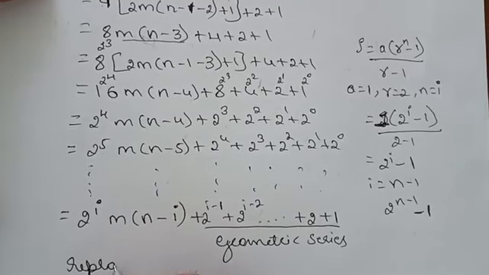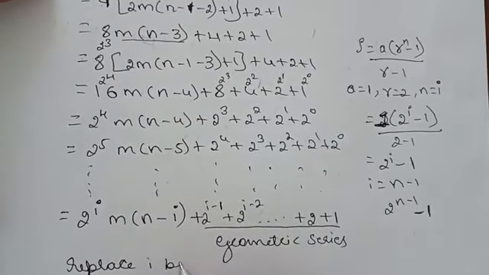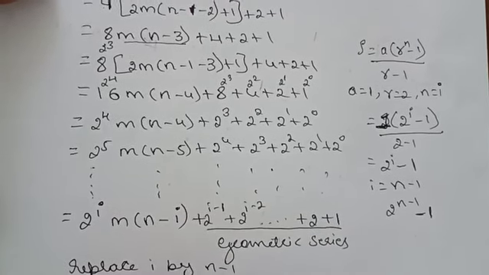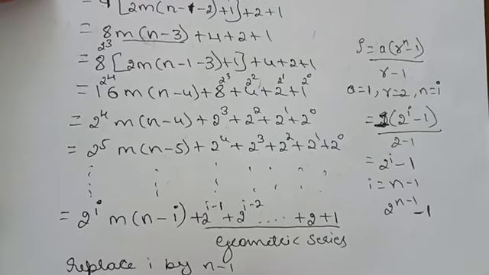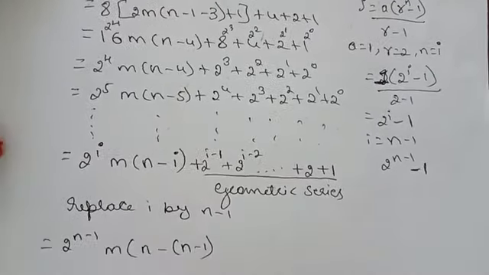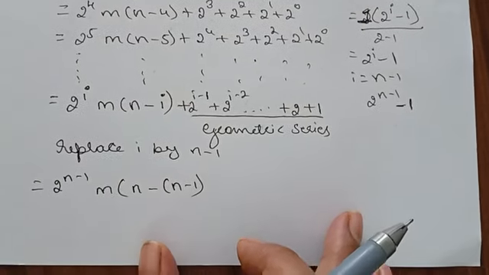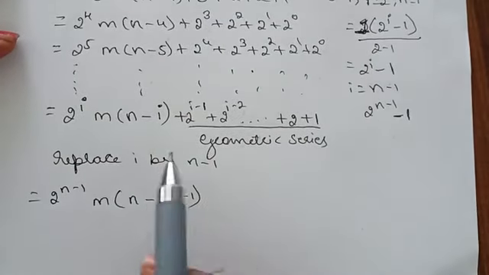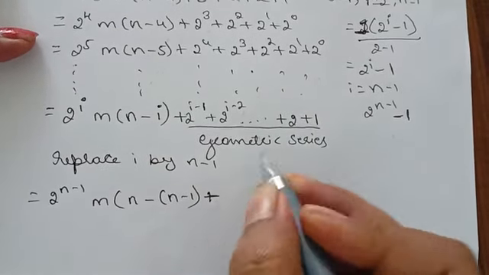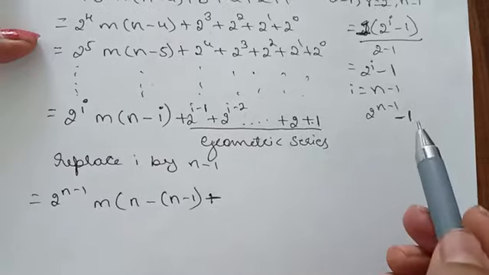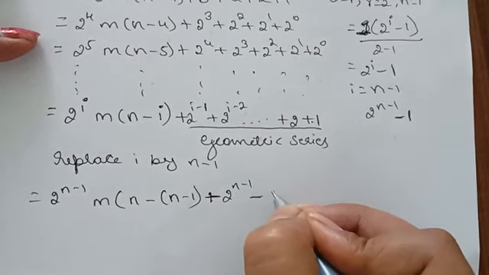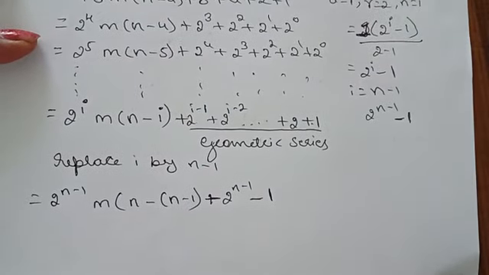Replace i by n minus 1. This is 2 power n minus 1 M of n minus 1, because I have just replaced this one. So, M of n minus 1 plus this series, we just came to know that it is 2 power n minus 1 minus 1. Is it not?